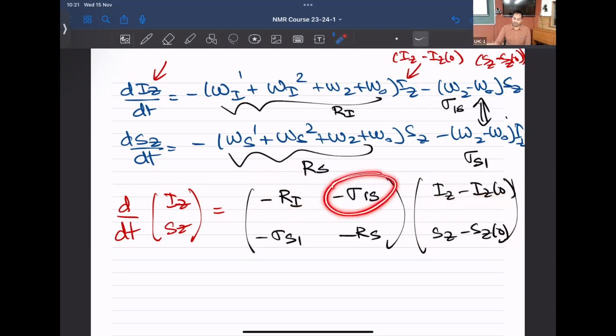The one that makes it come back due to its dipolarly coupled spin is called cross-relaxation. Okay, this cross-relaxation term is the one which allows for generation of Sz from Iz itself.